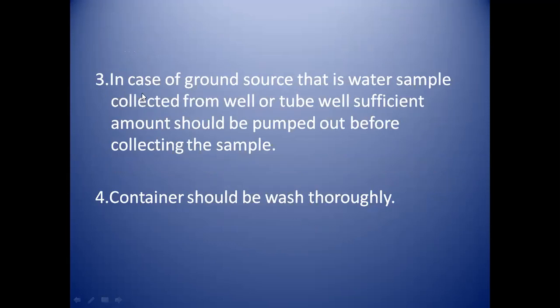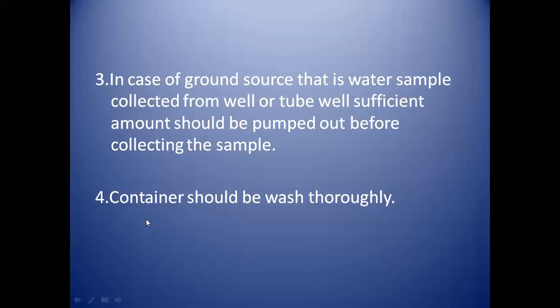Third, in case of a ground source, that is, a sample collected from a well or tube well, sufficient amount should be pumped out before collecting the sample. That is, we first pump out sufficient quantity of water, then take the sample.